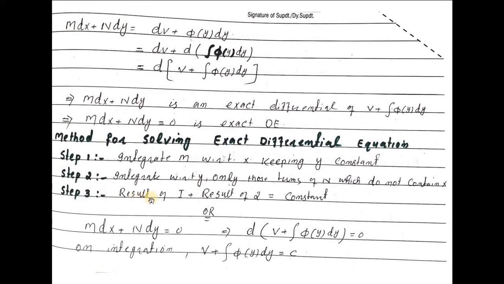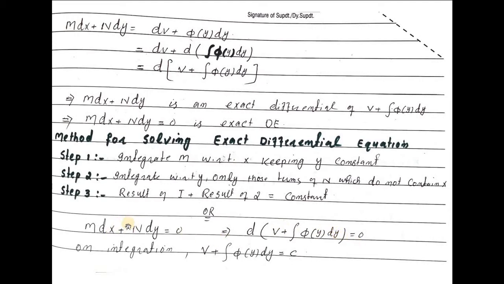Step 3: add the result of step 1 and the result of step 2, and equate it to some constant. Or we can write m dx plus n dy as the differential of this function, which will be equal to 0.